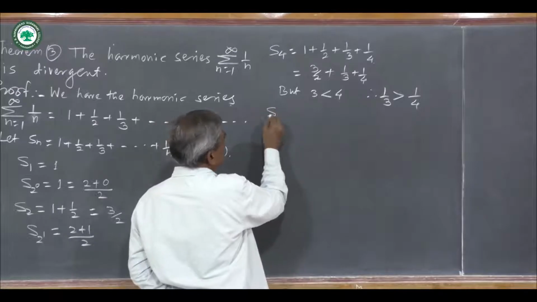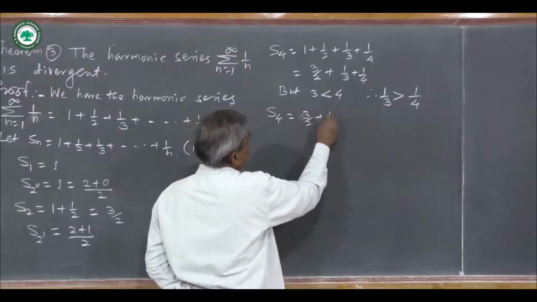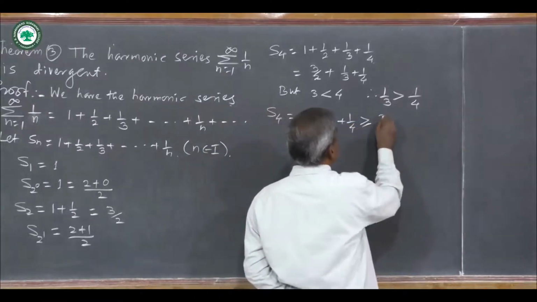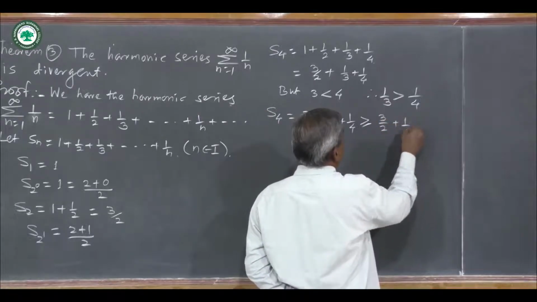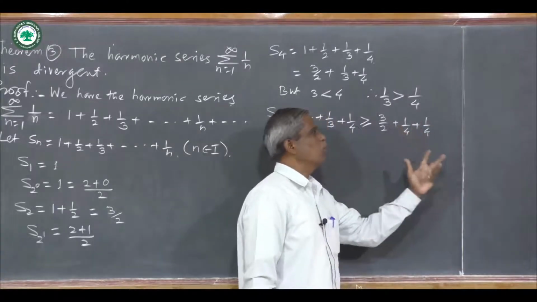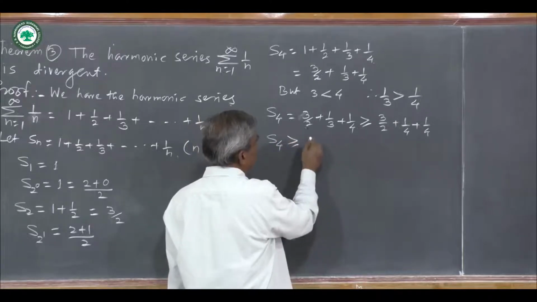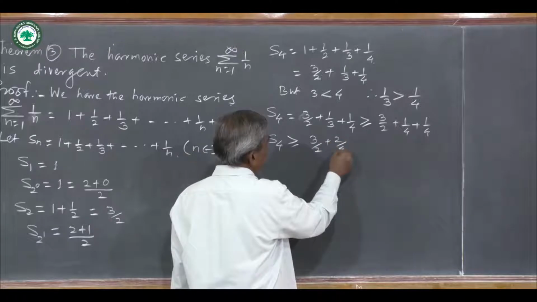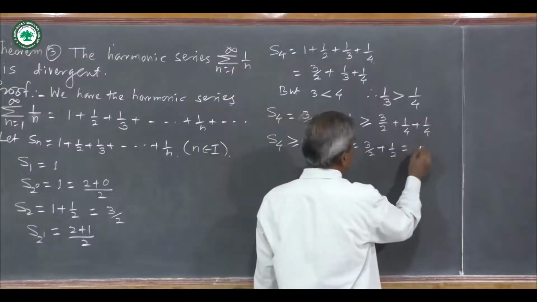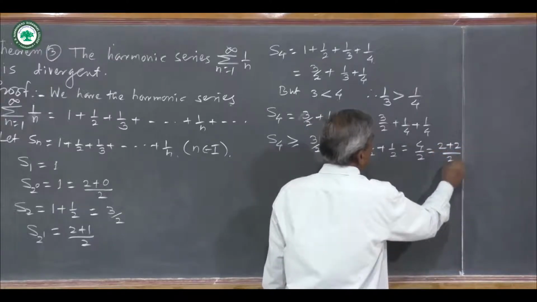Therefore, we write S suffix 4 is equal to 3 by 2 plus 1 by 3 plus 1 by 4, which is greater than or equal to 3 by 2 plus 1 by 4 plus 1 upon 4. 1 upon 4 plus 1 upon 4 is 2 by 4, which is equal to half. So S suffix 4 is greater than or equal to 3 by 2 plus 1 by 2, which is equal to 4 by 2, which is equal to 2 plus 0 upon 2.